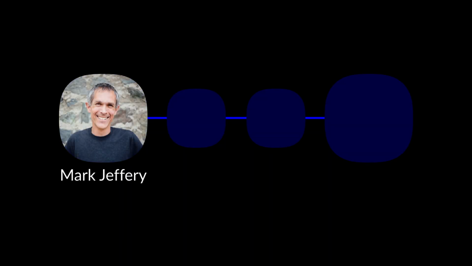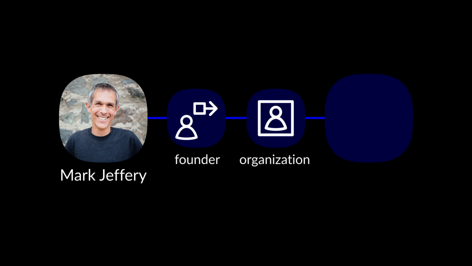Using founder and organization as the role nodes is just right. Me, founder, organization, OpenWebMind. These role nodes are as high level as possible while remaining specific enough to define the relationship between me and OpenWebMind.